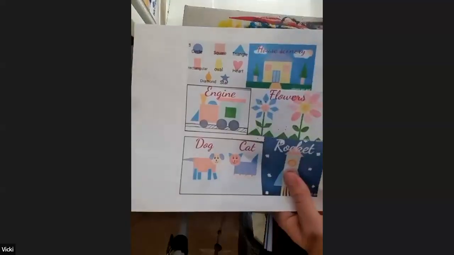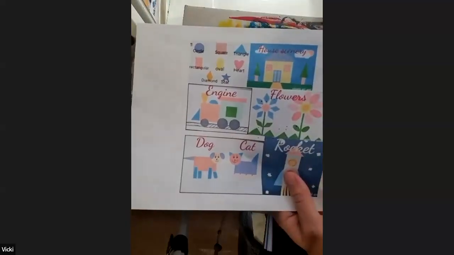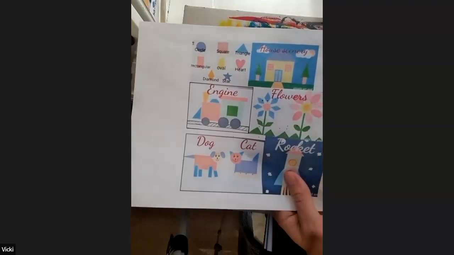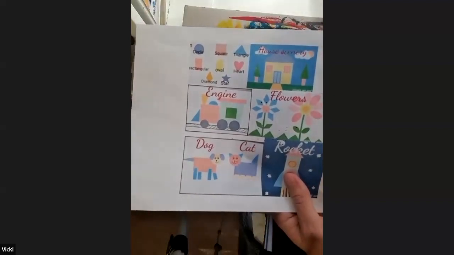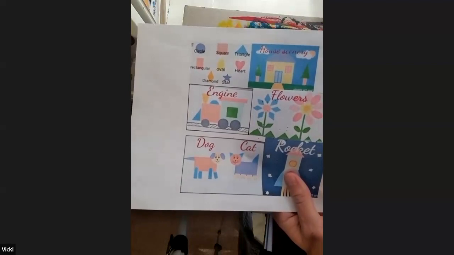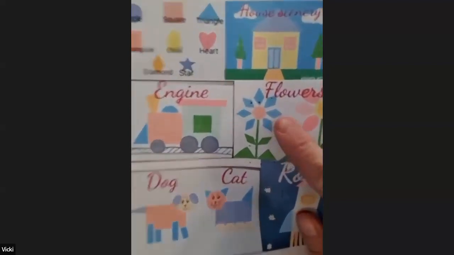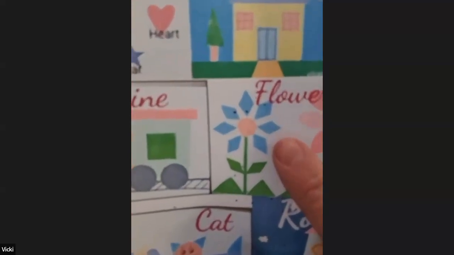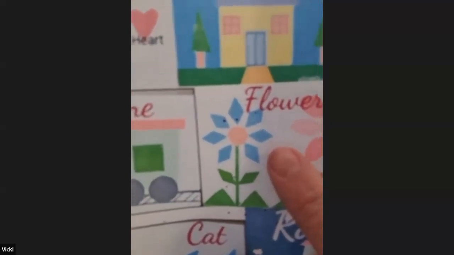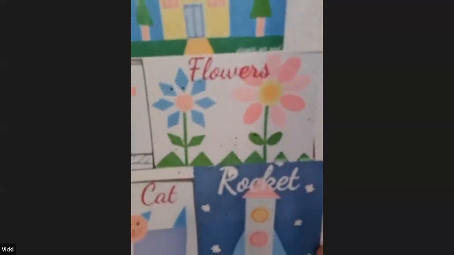That's what I was going to say, Alice. You read my mind. Yeah. So notice how the flowers here are actually made of diamonds. See that? So some are ovals. This flower's with ovals. Even the leaves are diamonds on this side. So have a good look at that one.